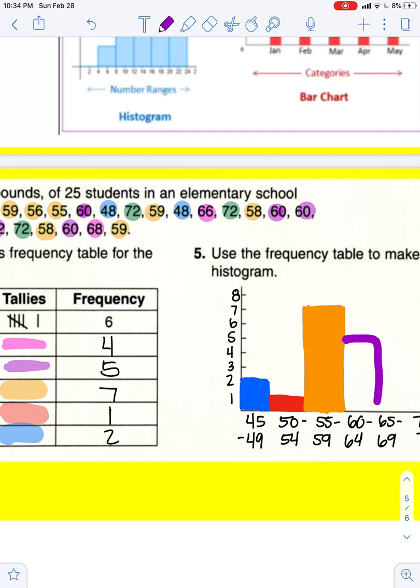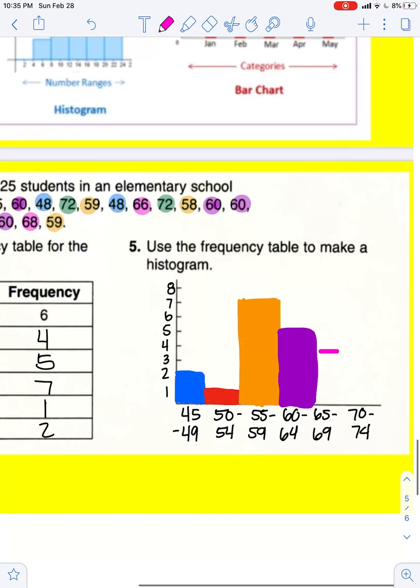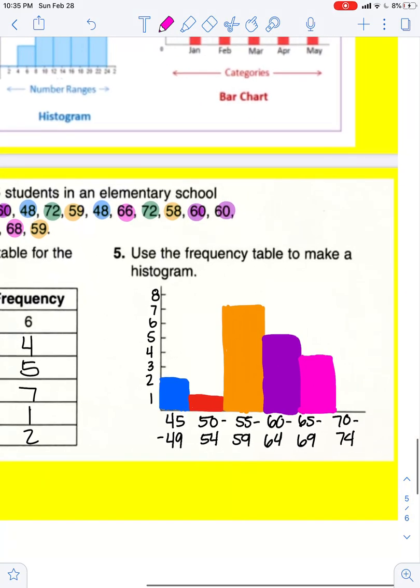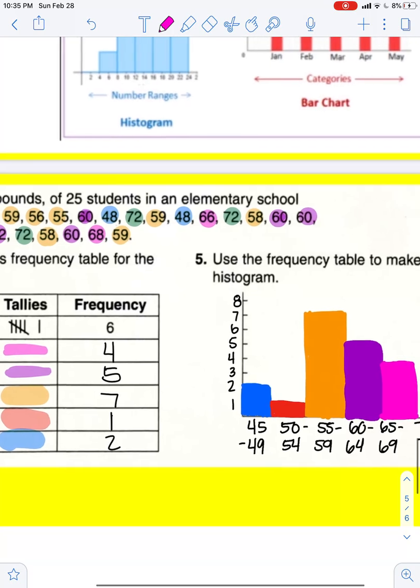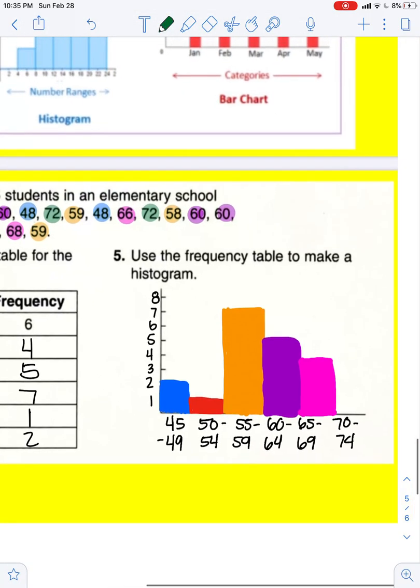So we'll go over to 5. 65 through 69 had 4. And you want to try to keep your rectangles equal sized. They don't have to be perfect, but just close. And then 70 through 74 had 6. So we're going to come over here and draw up to 6.